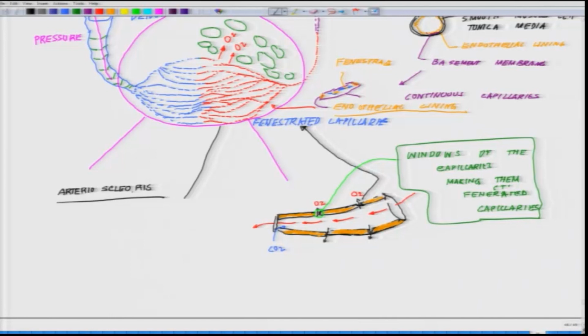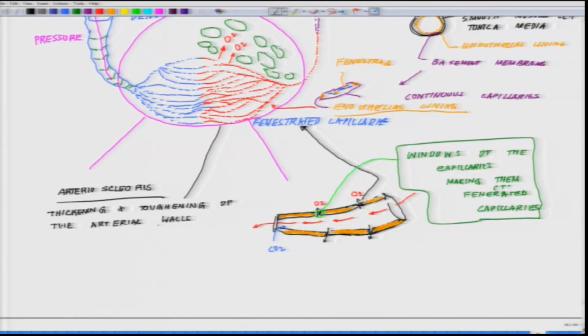Arteriosclerosis is the thickening and toughening of the arterial walls.